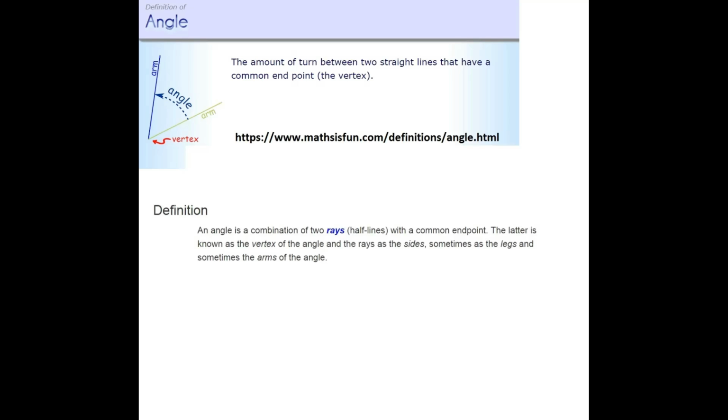Here's another definition. An angle is a combination of two rays, two half lines with a common endpoint. The endpoint is called a vertex, and the rays are called the sides, sometimes the legs or the arms. A ray is a line that starts from a point and continues on into infinity in any direction. If you have two rays with the same endpoint, here's the angle in between.